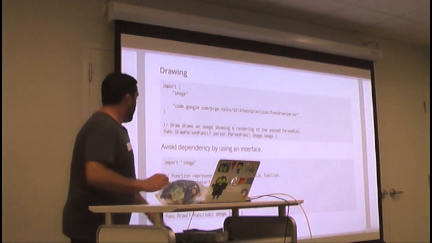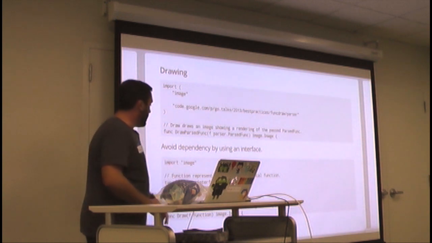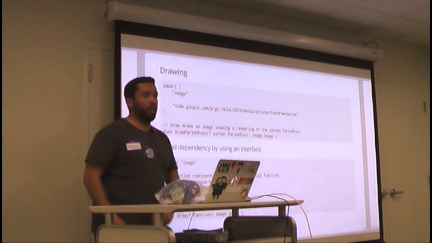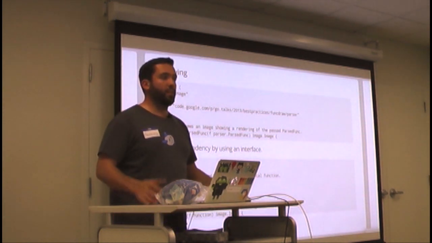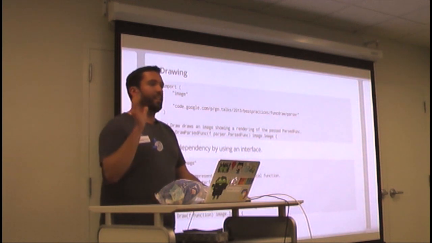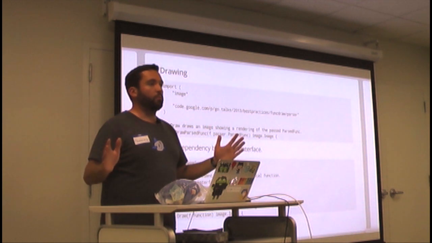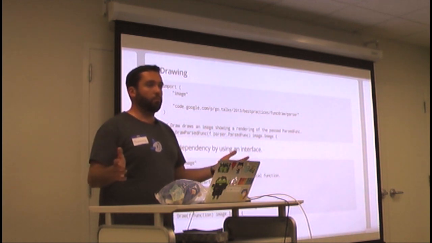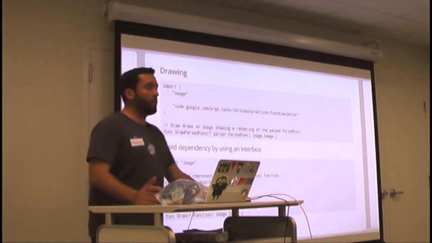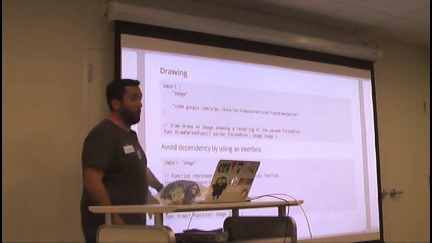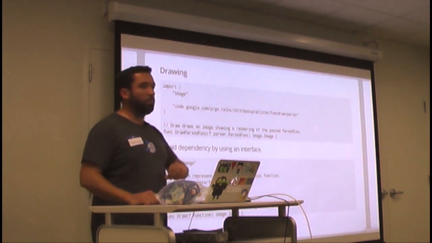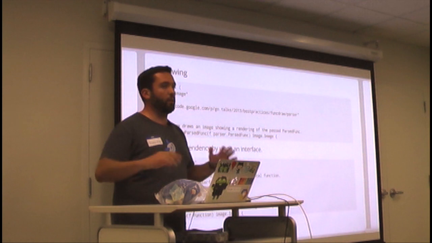No, actually, I could say, I just need a function, and that function has a method eval, and that's an interface. Anything that has an eval method that, given a float, returns a float, works for me. The rest of the code didn't change. So what I'm saying here is, all of a sudden, my draw package is completely independent of parse. It just needs something that it can evaluate.